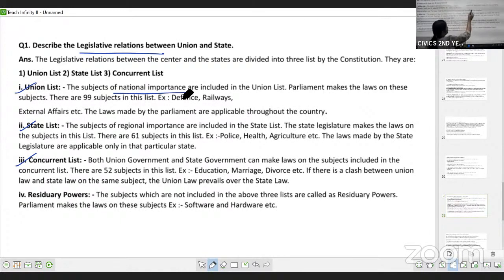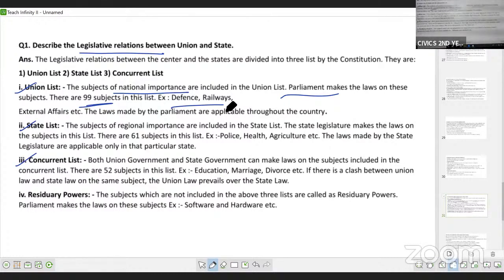Parliament will make the laws on those subjects. There are 99 subjects in the union list. For example, defense, railways, banking, insurance are all subjects included in the union list. Only Parliament will make the laws on the subjects in the union list.